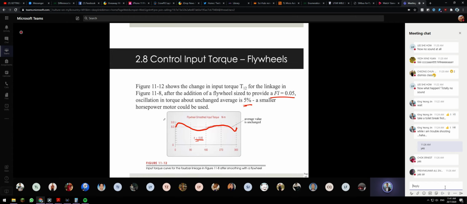Hence, if you look at it, your required torque from the motor peaks at maybe around 9.9 Newton meters. Okay, so this is how we average it.